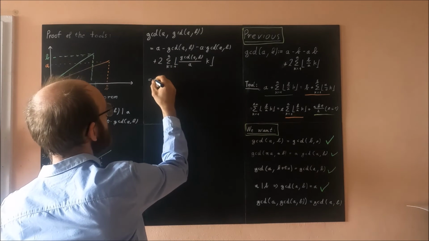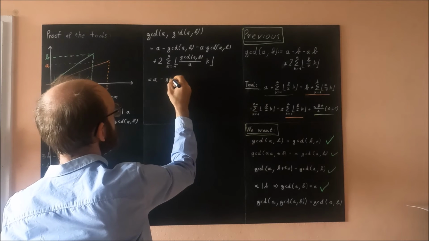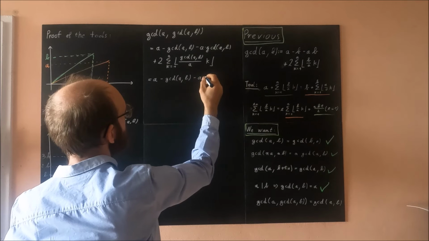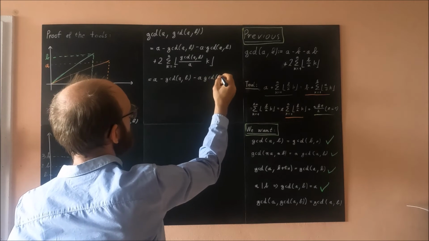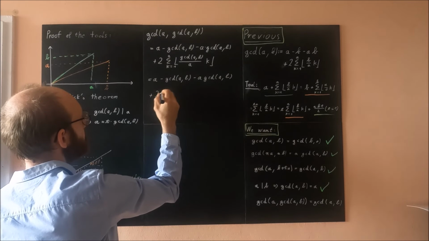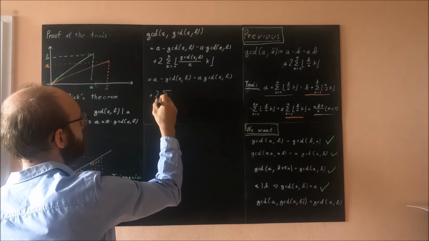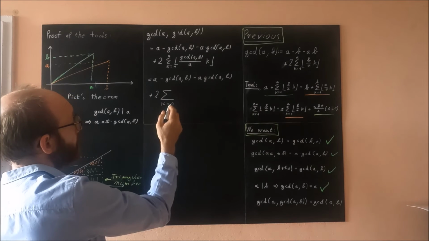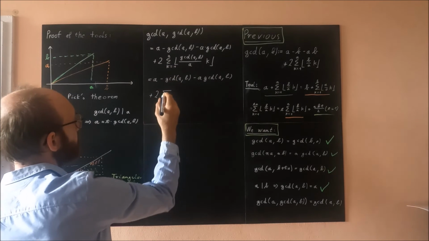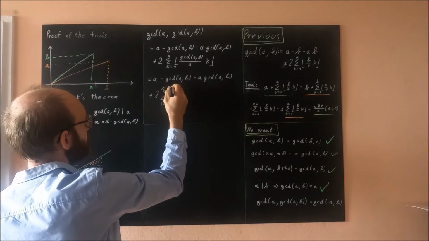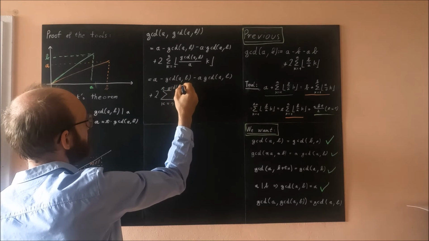So we have a minus GCD a, b minus a times GCD of a, b plus 2 times the sum where k runs from 1 up to a, but a we write as t times the GCD.